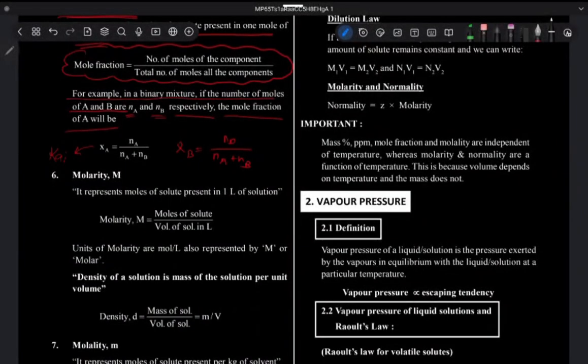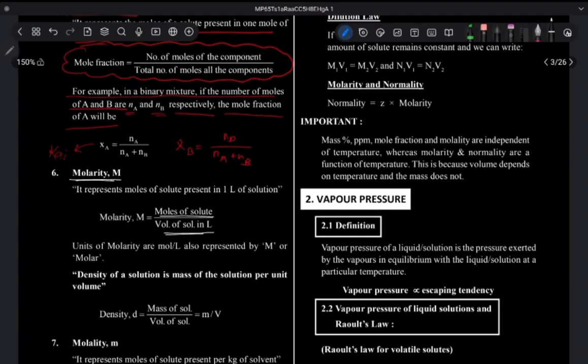Okay, let's move on to the next concentration term, molarity. So molarity is a way to measure the concentration of a solution. It tells you how much solute is dissolved in a specific amount of solution. The rule is, it is the number of moles of solute found in 1 liter of solution, and its formula is moles of solute divided by volume of solution in liters.